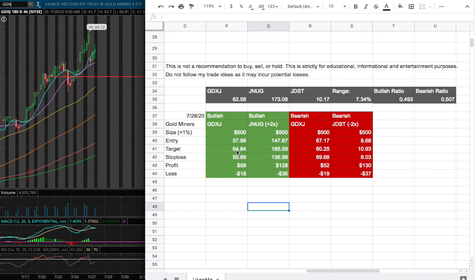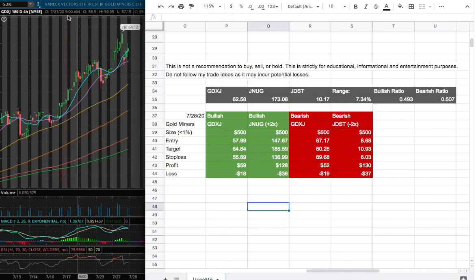On the other hand, if I do want to take a short position, I would take it at a higher price at around $67.17, which is the upper range right here, for a sell target of $60.25, and the stop loss for that short position is $69.68.